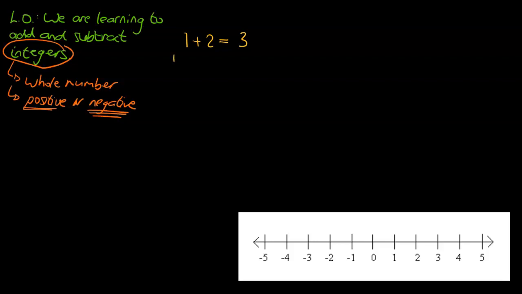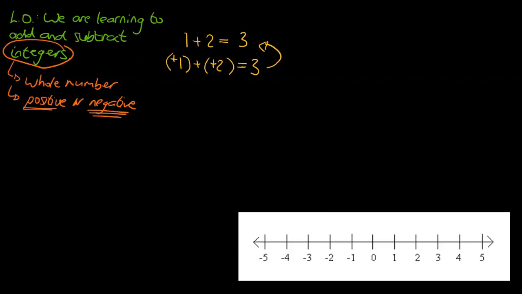What that's saying is that 1 is positive 1 and we're adding positive 2 and they combine to get 3. All of this is too complicated. Mathematicians are notoriously lazy, so we don't write up all that information, we just write parts of it. So what we know here is if we're adding a positive, that's just the same as adding.